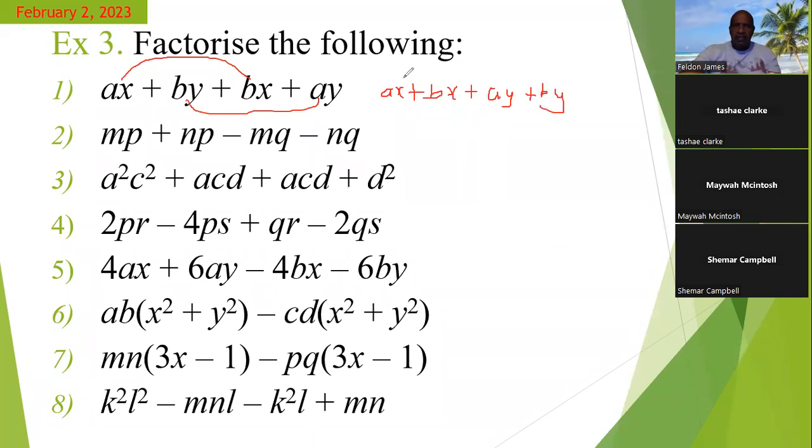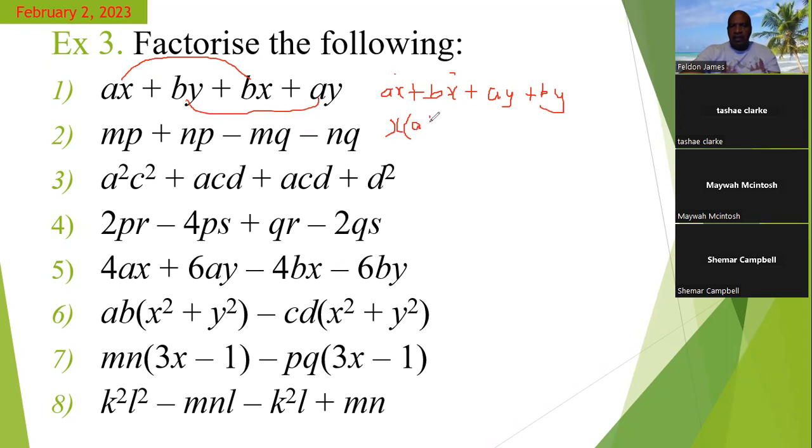All right, so for each pair now, we look for the common factor. Over here, X will be common. For the first pair, the X will be common. So we factorize by using X as our common factor.